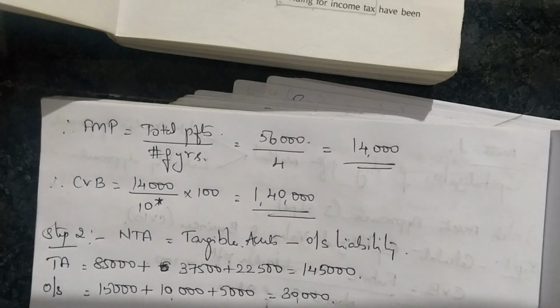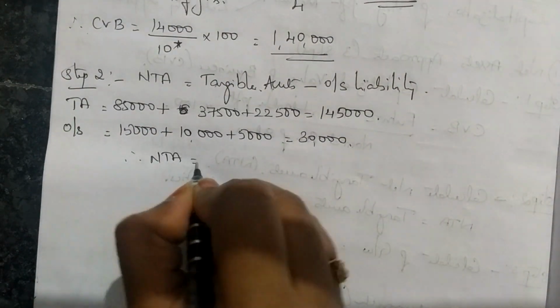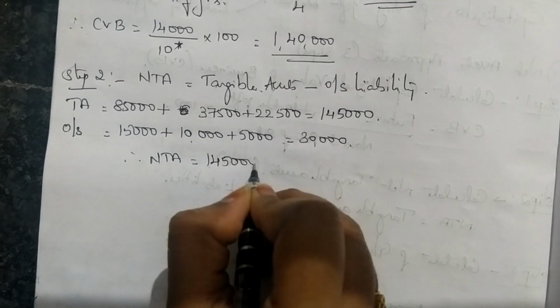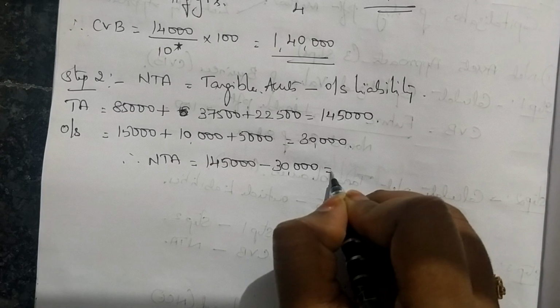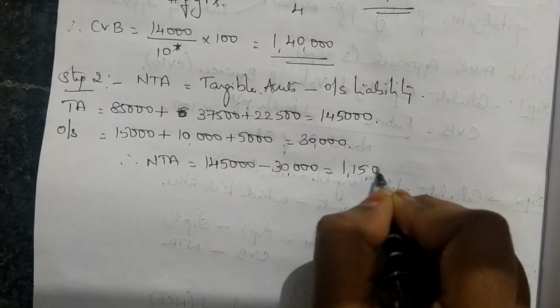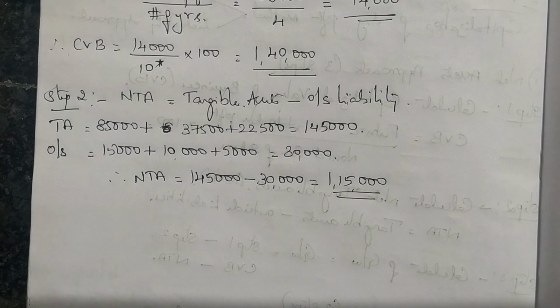Substitute in the formula. Therefore, your NTA is equal to 1,45,000 minus 30,000. You will get 1,15,000. This is my step number 2.